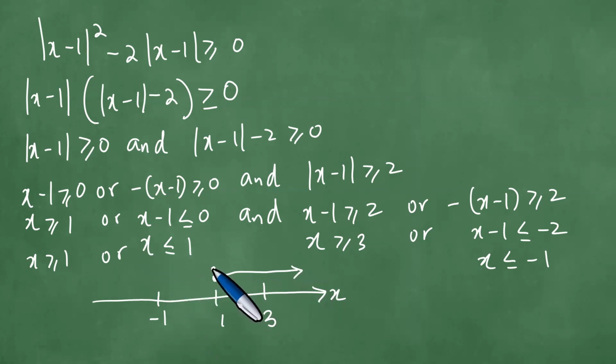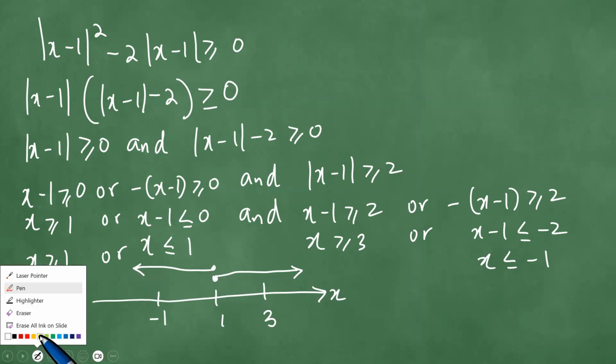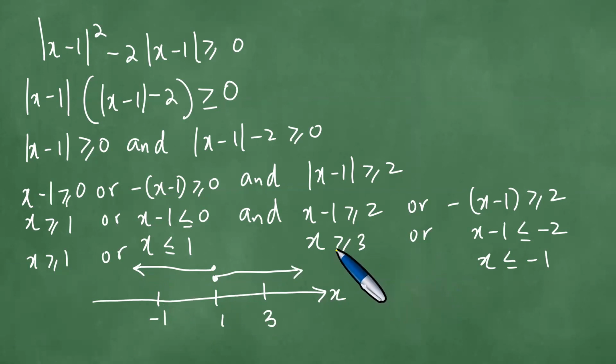X less or equal to 1, you're going to have that. And then we continue and look at the other parts, like x greater or equal to 3. If x is greater or equal to 3, you have these here. X less or equal to -1, you go that way.